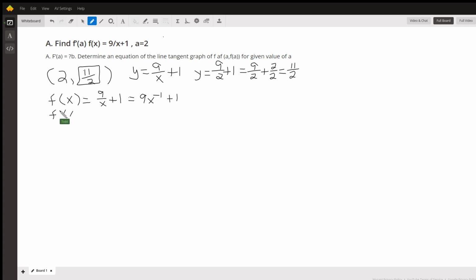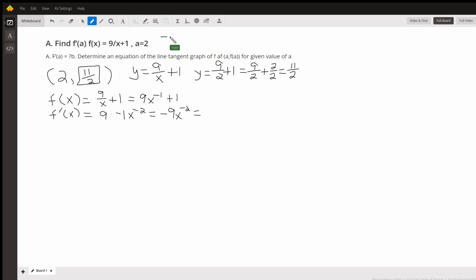The derivative of 9x to the negative 1 would be 9 times the derivative of x to the negative 1, which is negative 1x to the negative 2. I can simplify that to negative 9x to the negative 2.